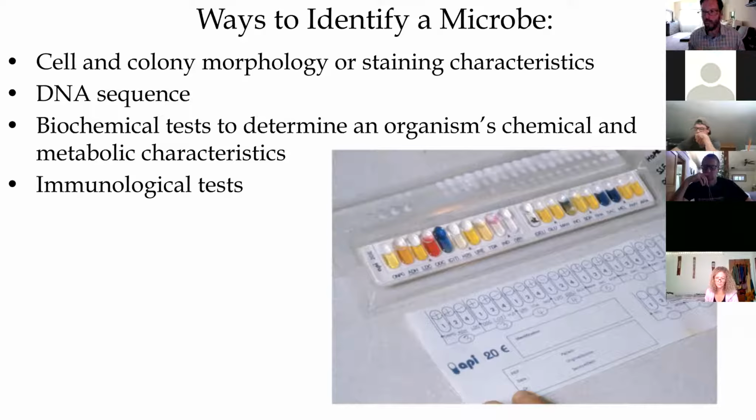That would be another way to distinguish these bacteria. Do they make propionate? Do they make butyrate? Do they make acetate? And then immunological tests, so ELISAs, for instance, or what's called immunohistochemistry, where you use antibodies to target proteins of interest and then dye those with a stain or have a fluorophore attached to it.